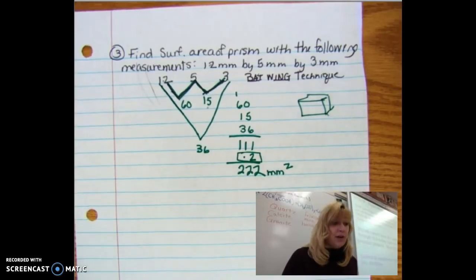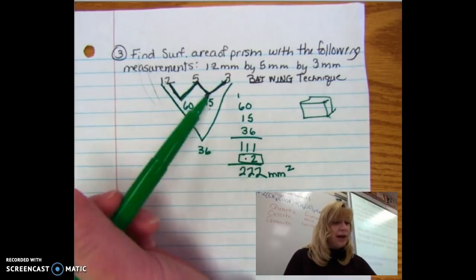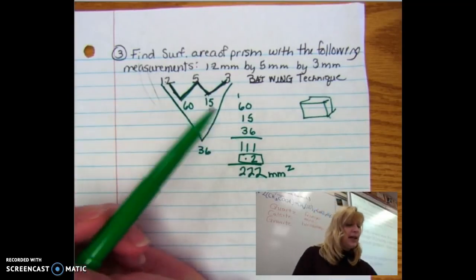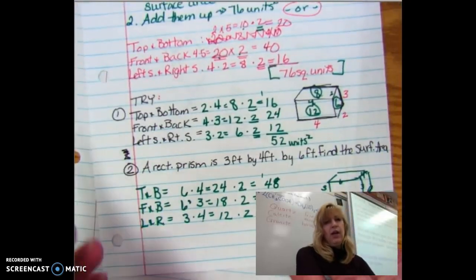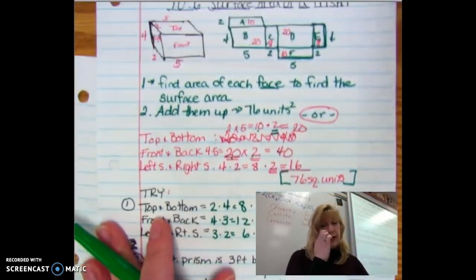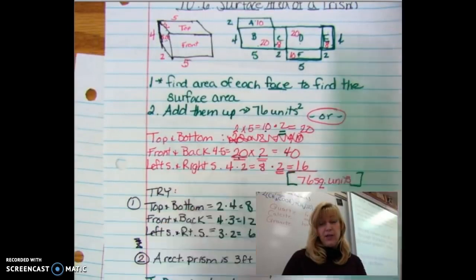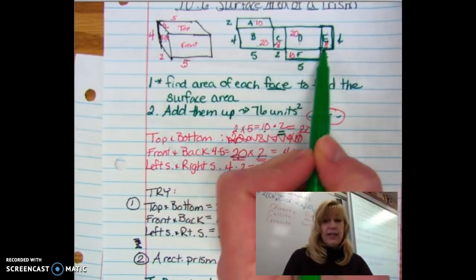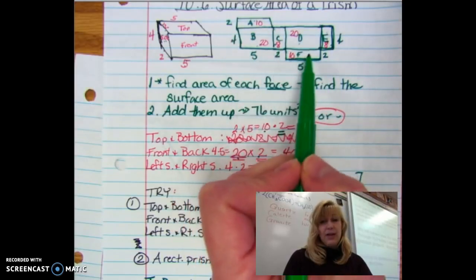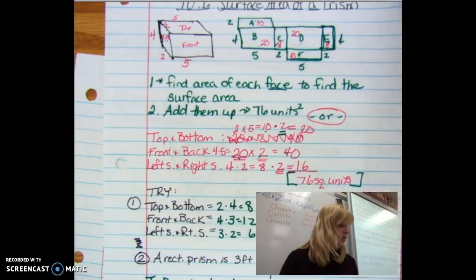But remember, whatever you do, keeping track of the numbers, whether it's this technique or whether it's this technique, you definitely need to do that. And finally, you could even do that picture. But remember too, if you leave out any of these flaps that you see here, you're kind of in a world of hurt. You've got to have all of those numbers present to find the square units needed to cover it.